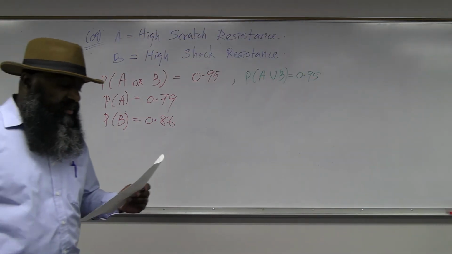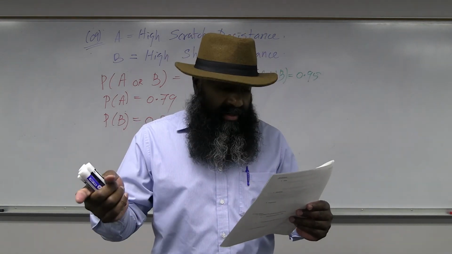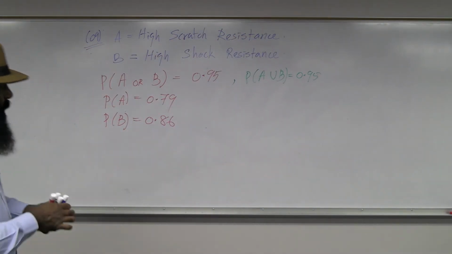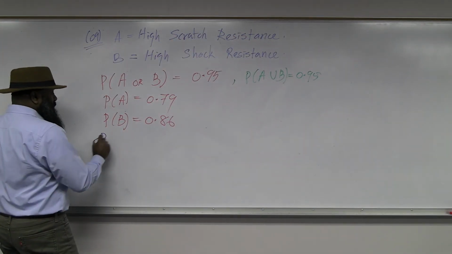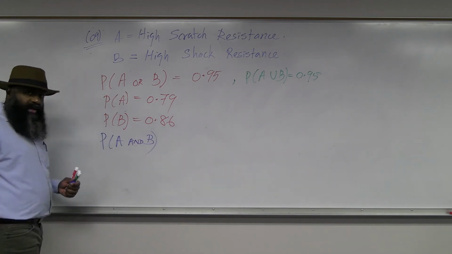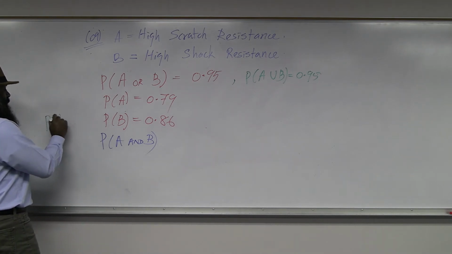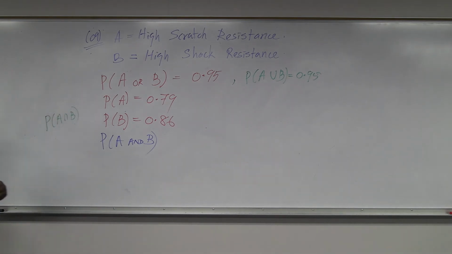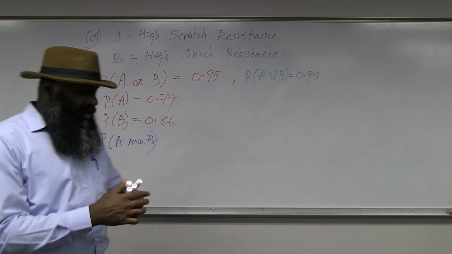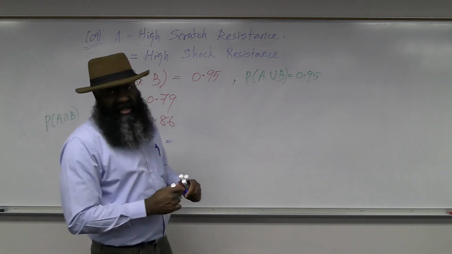The question is, what proportion of discs should have high scratch resistance and high shock resistance? That means I need the probability of A and B, or in other words, the probability of A intersection B. That means I need to use the principle of inclusion and exclusion, which says probability of A and B equals, well, we have it in two forms, right?